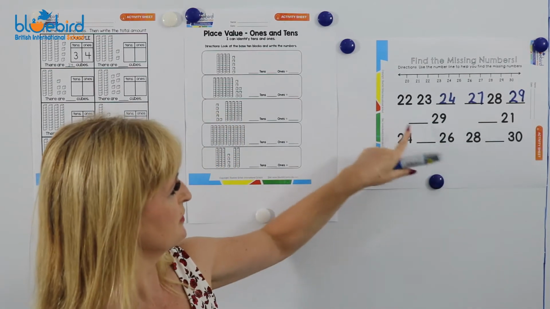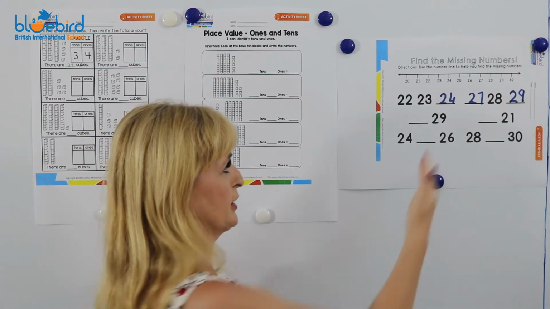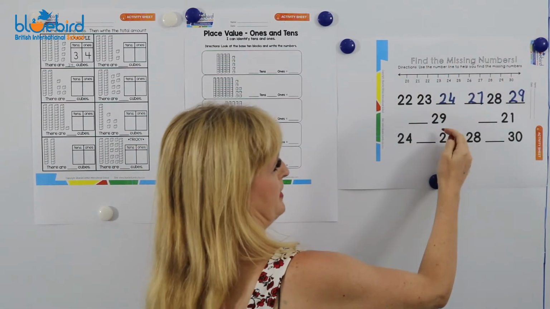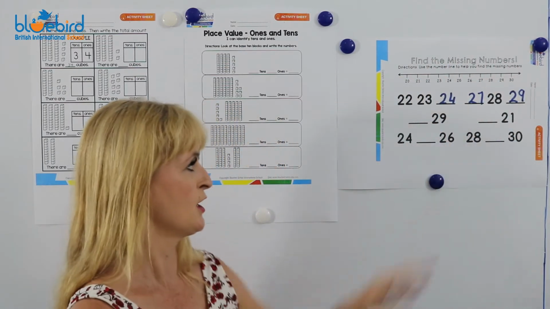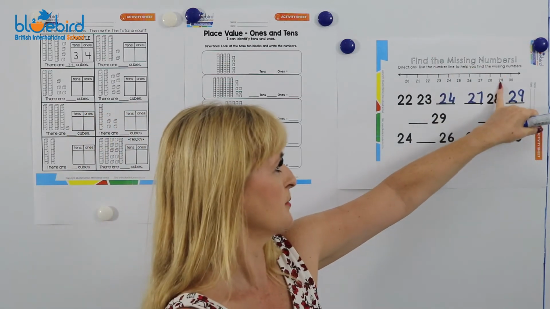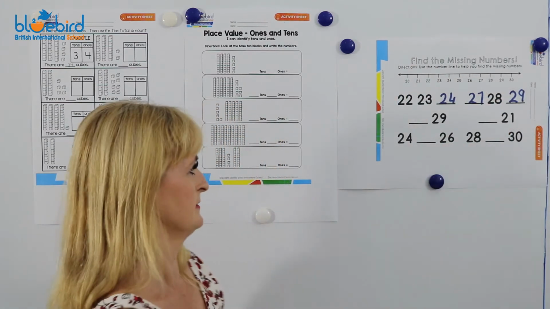Okay, so let's move on to the second line. This time, we're looking for the number before. So heading this way on our number line, the number before. One less than 29. We look on our number line, number 29, one less, 28.